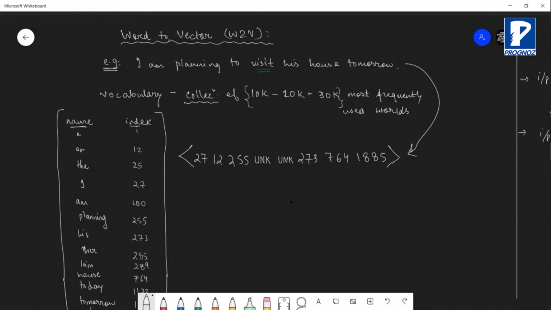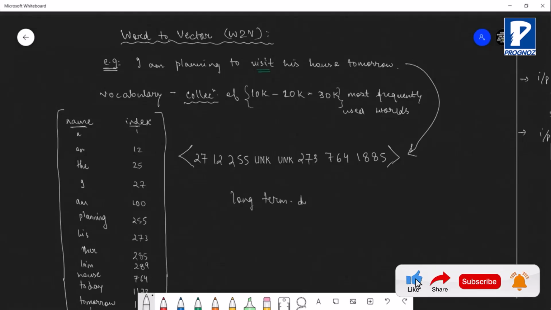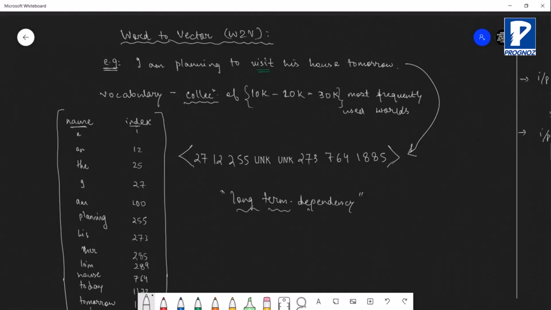Now specifically, if we talk about RNN, there is a drawback of RNN which is known as long term dependency. Okay, long term dependency, this is a drawback of your RNN.